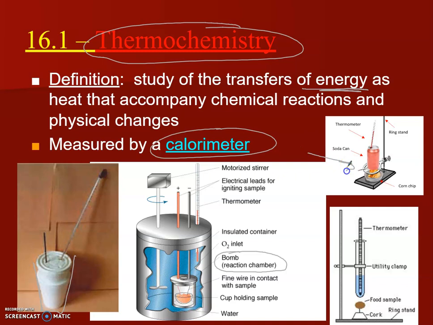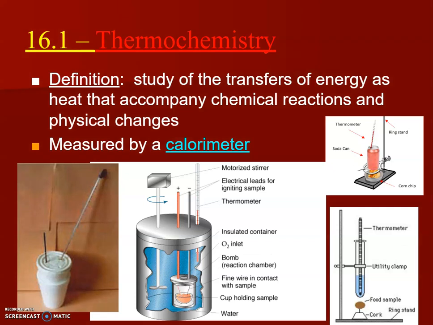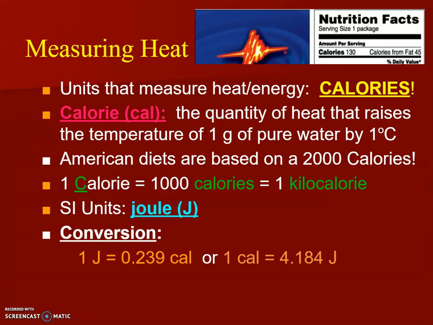You can have simple soda can calorimeters or even test tube calorimeters, so that you're basically just figuring out how much energy the water inside your calorimeter is going to absorb. That's going to tell us a lot of information about the substance that you're studying.